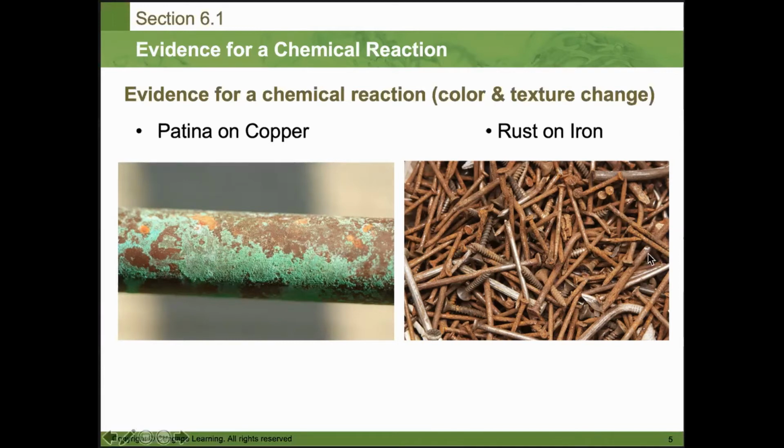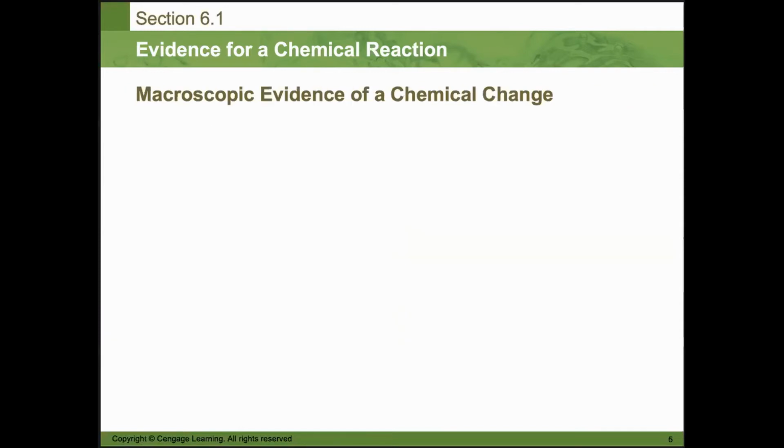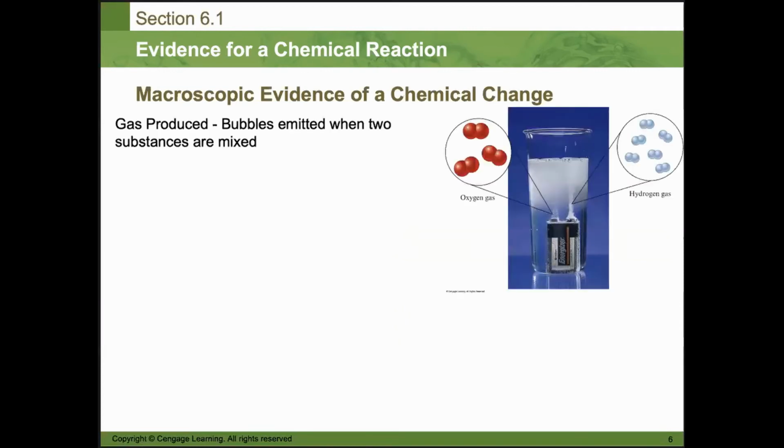And we've got multiple other ways that we can see with our eyes macroscopic evidence that we have a chemical change. Like I said, if you have gas produced, so vinegar and baking soda, but also if you were to take a 9-volt battery, and I do this as a demo in the class, if you put it in the water, the voltage of the battery is enough that it will convert the water into its components.